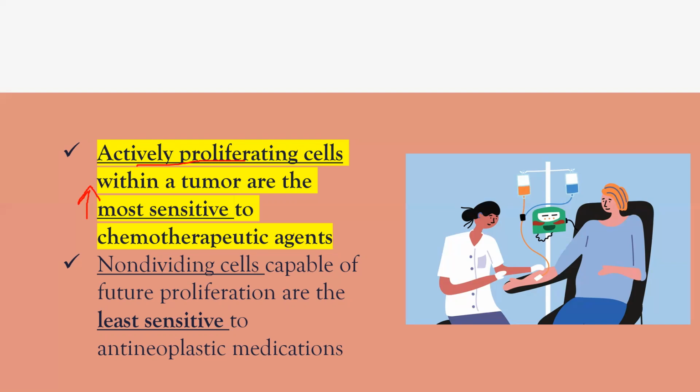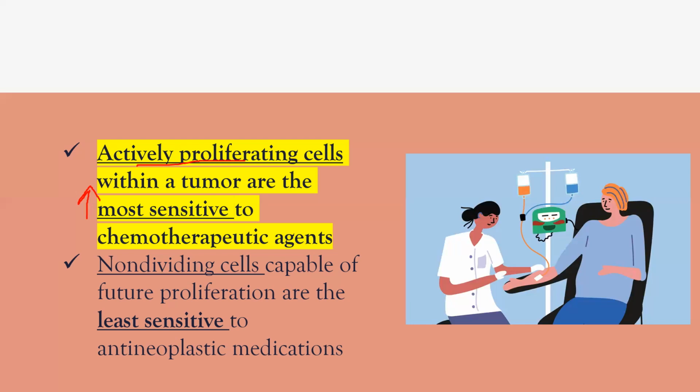And the question is, affected din po ba sila since actively proliferating cells din sila? Kahit normal cells sila? So the answer is yes. Opo. Affected din po sila ng mga chemotherapeutic agent. So we can say that all actively proliferating cells, normal or malignant, ay apektado po ng chemotherapeutic drugs.